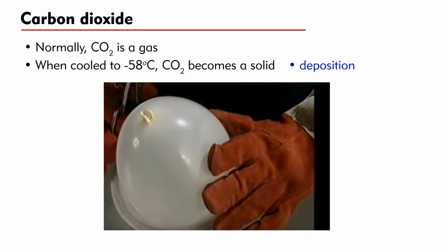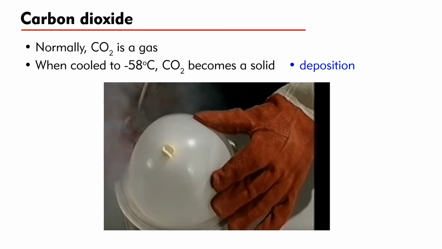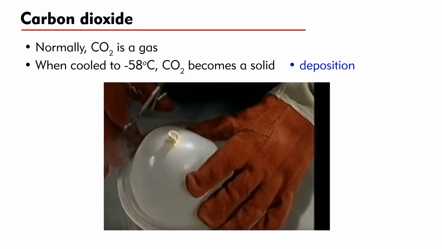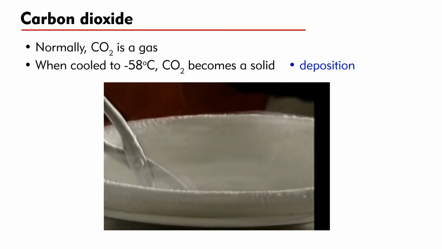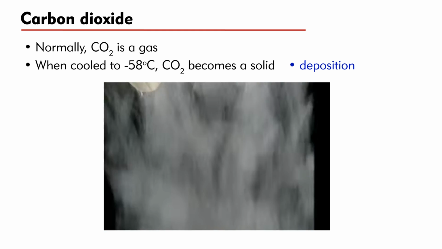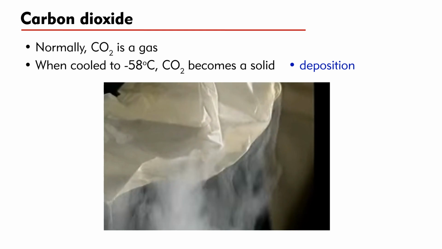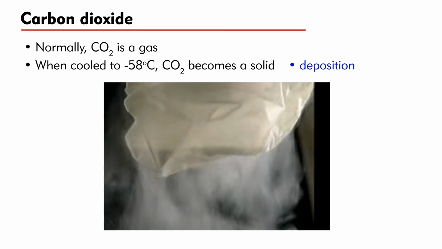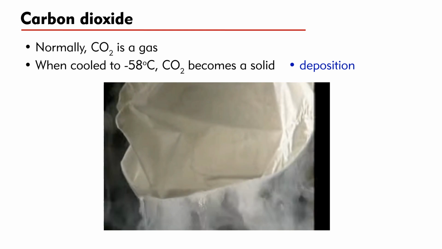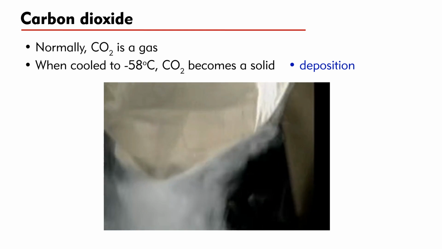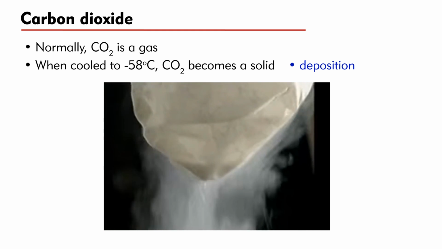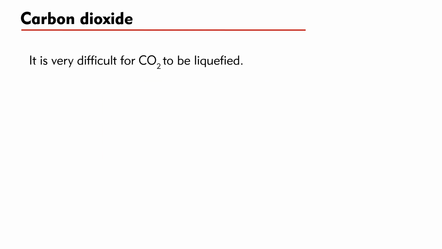On the other hand, if the experiment is repeated using air, you will see liquid air inside the balloon. This shows that it is difficult for carbon dioxide to be liquefied.